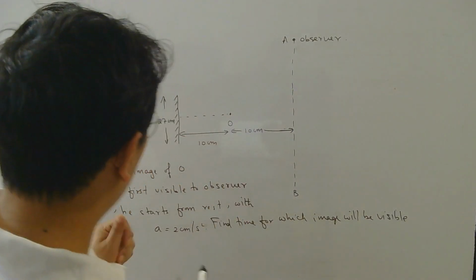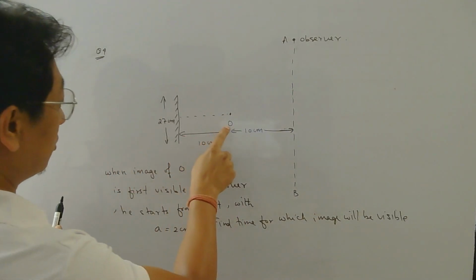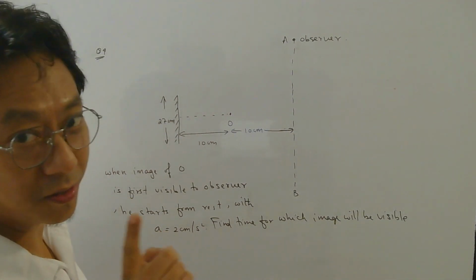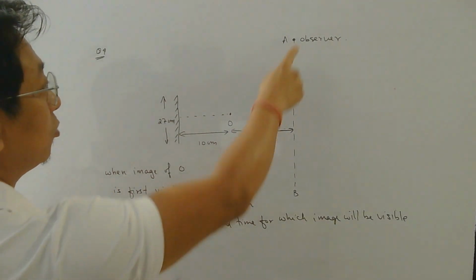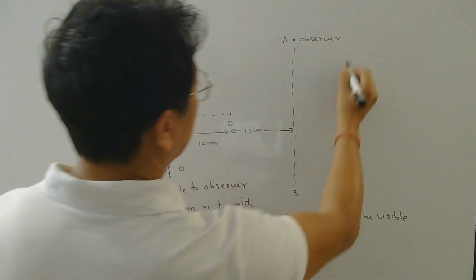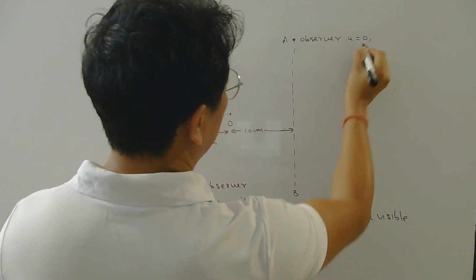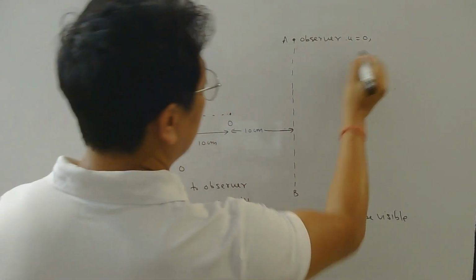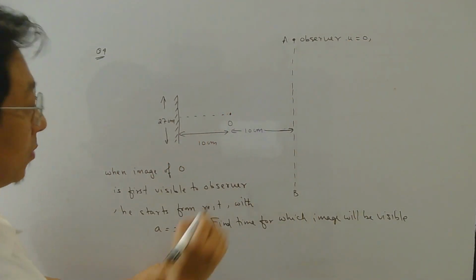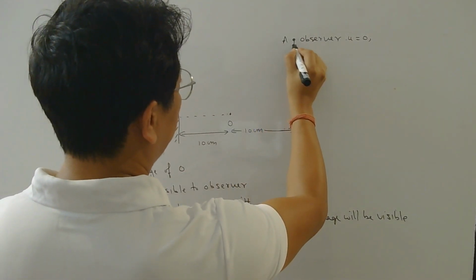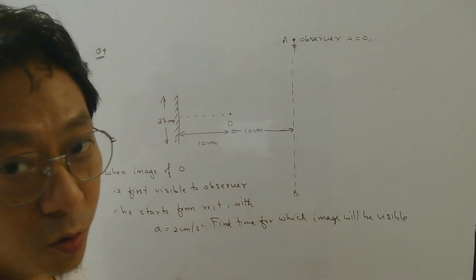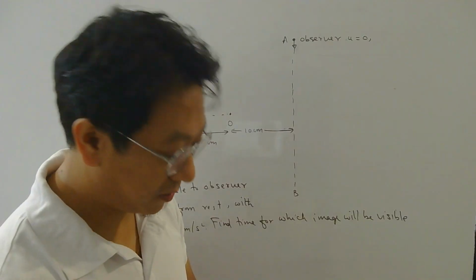Now they told that when the image of this object is first visible to the observer, the observer starts from rest. So u is 0 for the observer, with acceleration 2 meter per second square. Find the time for which the image will be visible.